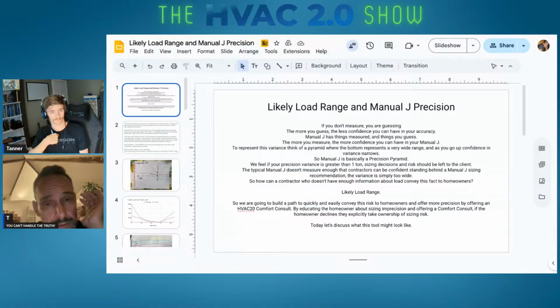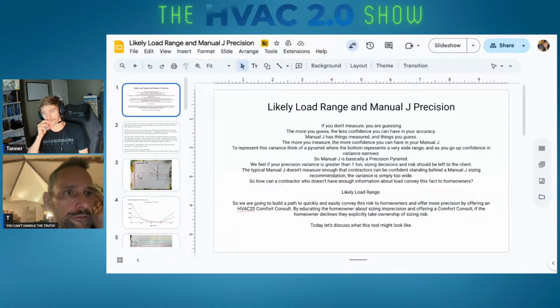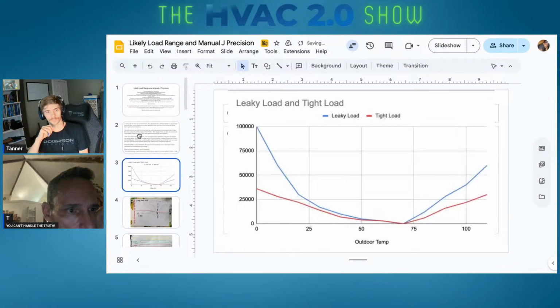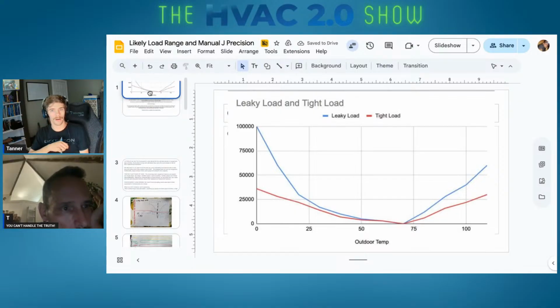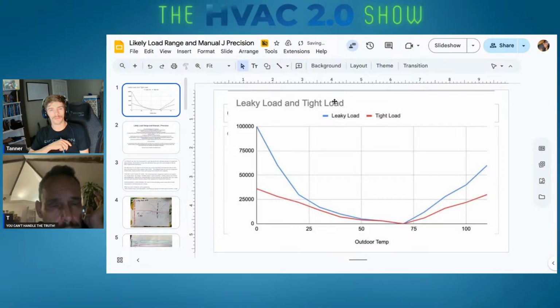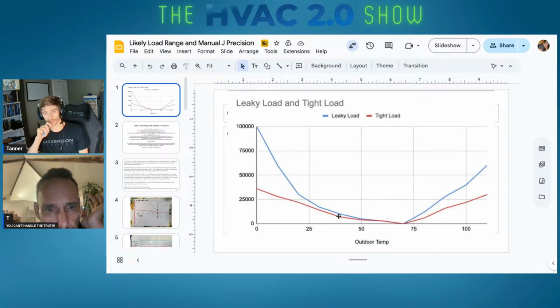Yes. And so, particularly here, let me move this one up. If you don't know infiltration, your load at design, which is represented on the far right and far left, can vary a lot.